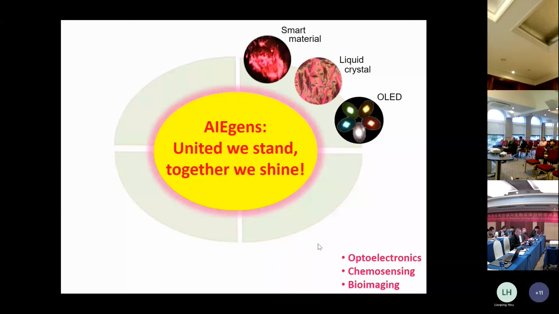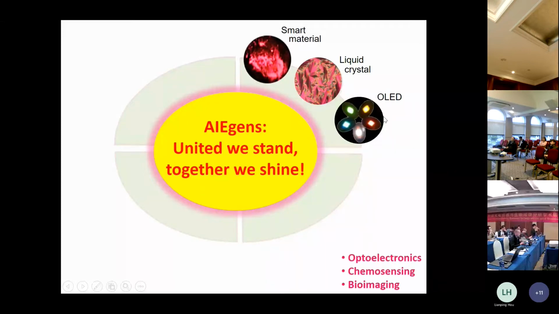Because our aggregates are very emissive, and if you think about it, light emitting materials are commonly used in the solid state or as nanoparticles. So our AIEgens can be utilized for optoelectronic applications such as smart materials, light emitting liquid crystals, and efficient organic light emitting diodes.